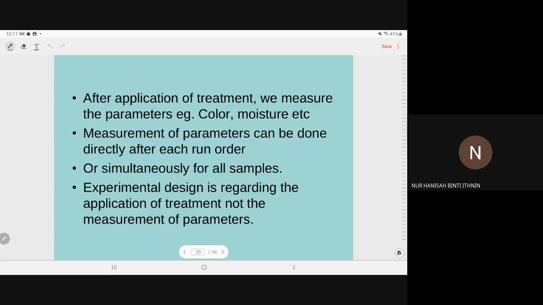After application of treatment, we measure the parameters. The measurement can be done directly after each run order or simultaneously for all samples. Experimental design is regarding the application of treatment, not the measurement of parameters.